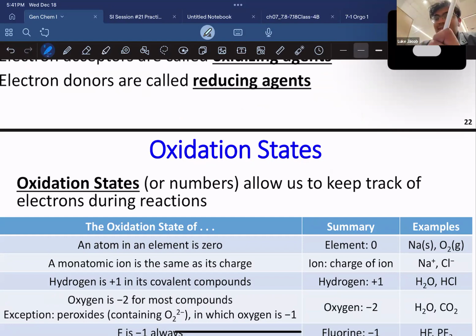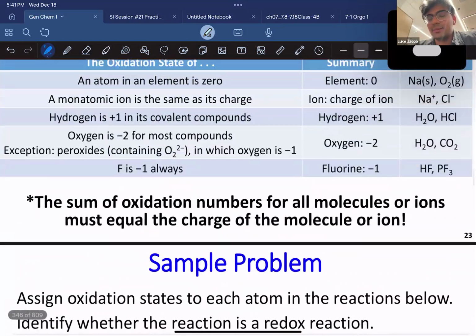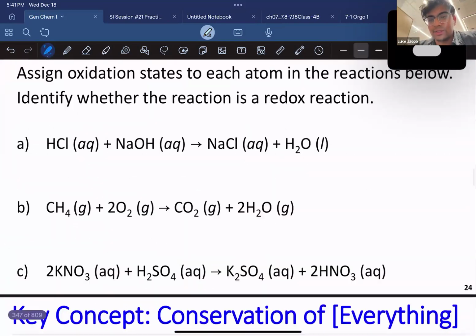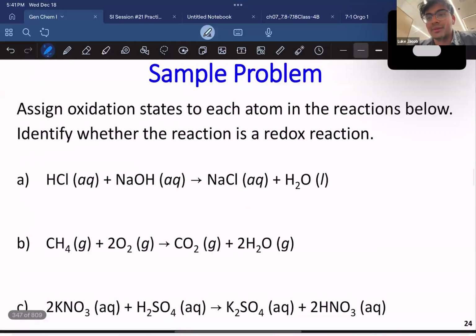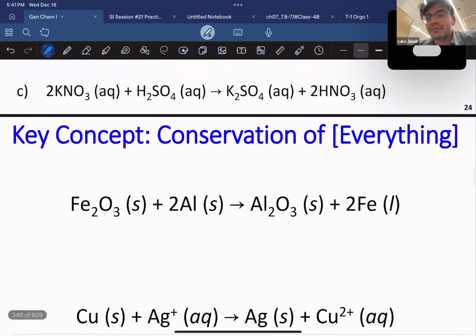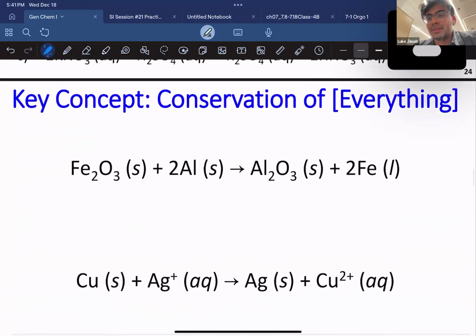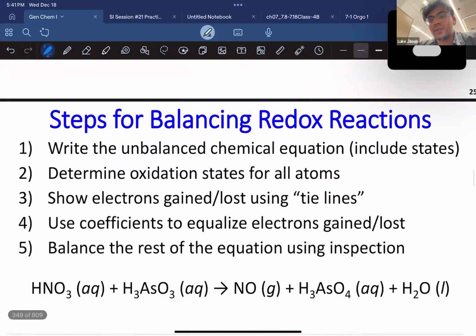Decomposition is a compound becoming its elements, right? It's something I like to use to identify things, but he doesn't really specify the types of reactions. Okay. So the key concept when balancing is to make sure everything is conserved, all the atoms and whatnot are conserved.